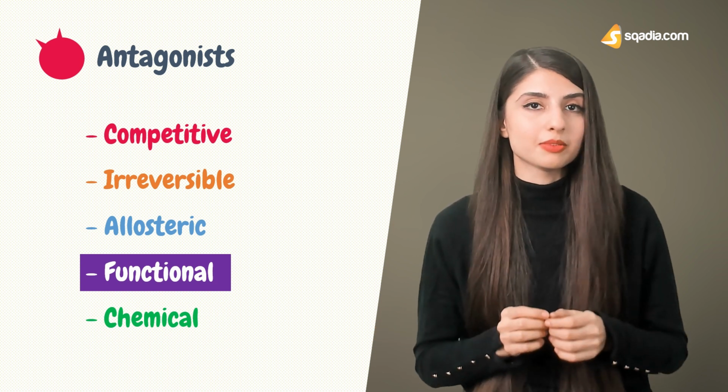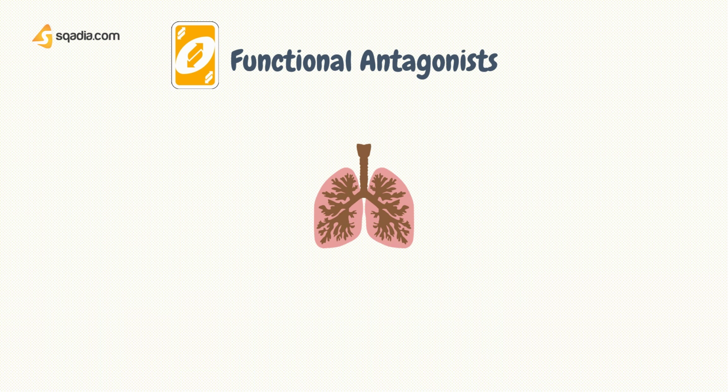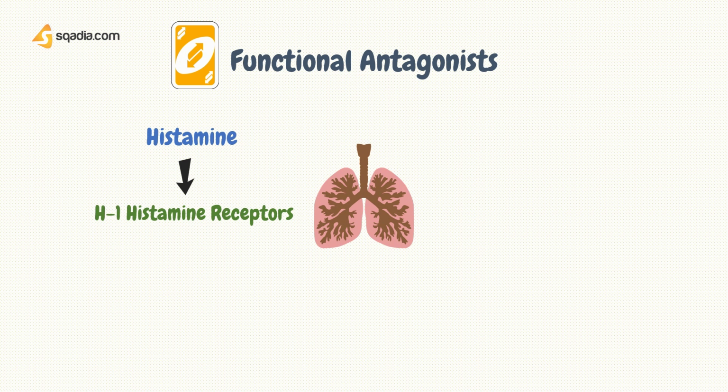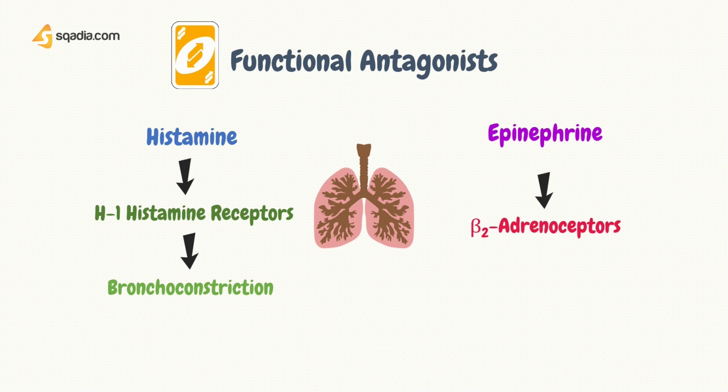A classical example is the functional antagonism by epinephrine to histamine-induced bronchoconstriction. Histamine binds to H1 histamine receptors on bronchial smooth muscles, causing bronchoconstriction of the bronchial tree. And epinephrine is an agonist at beta-2 adrenoceptors on bronchial smooth muscles, which cause the muscles to relax. This functional antagonism is also known as physiological antagonism.